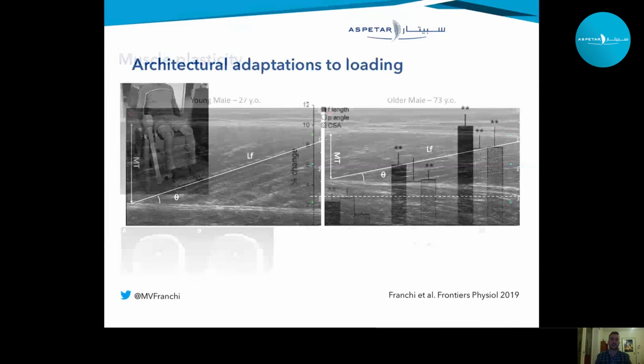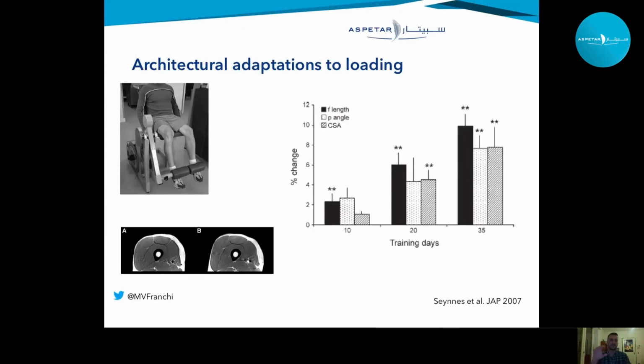And something that we can say as well is that when you train, so you apply a mechanical stimulus, the muscle usually responds by starting a hypertrophy journey, if we can call it like that.